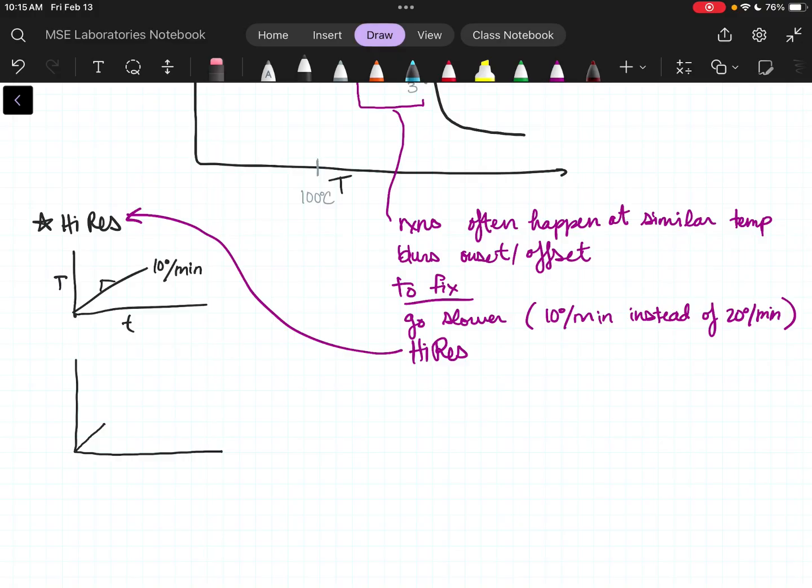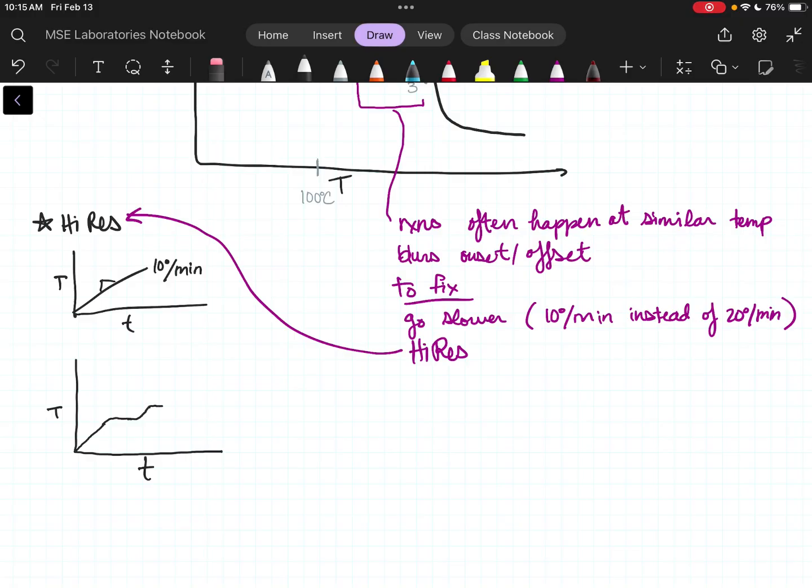For example, running at 10 degrees per minute instead of 20 degrees per minute. We also can use something called high res. This is, I think, specific to TA instruments, but it's really cool technology.